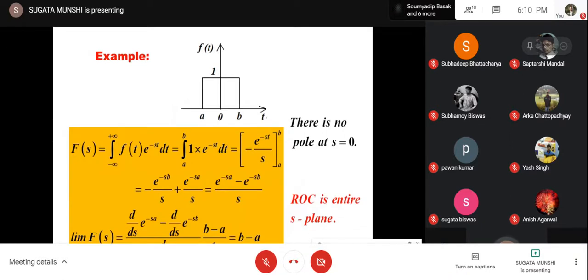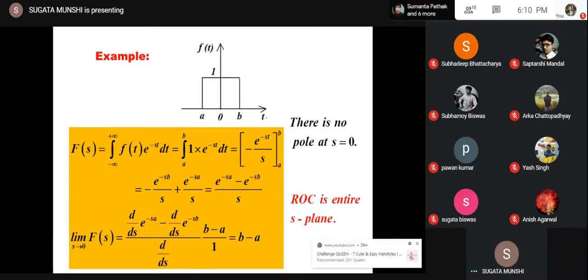Consider this example, that of a rectangular pulse, unit height extending from t equal to a to t equal to b. If you try to find out the transform, this is the way that we should proceed. It comes out as e to the power minus sa minus e to the power minus sb, over s.